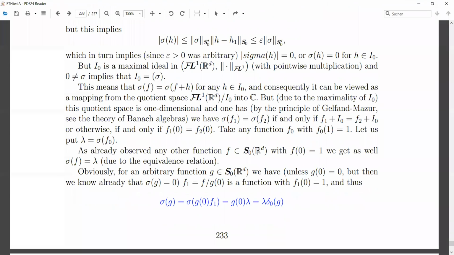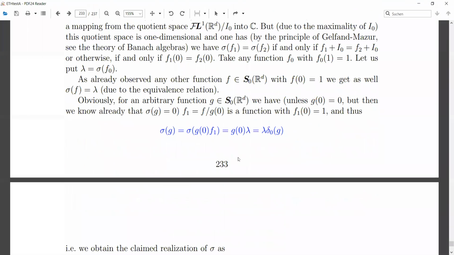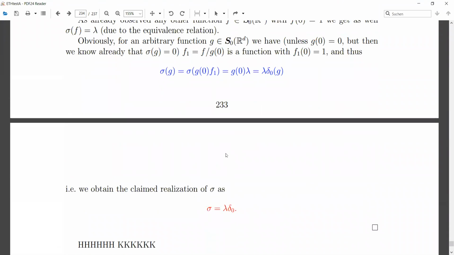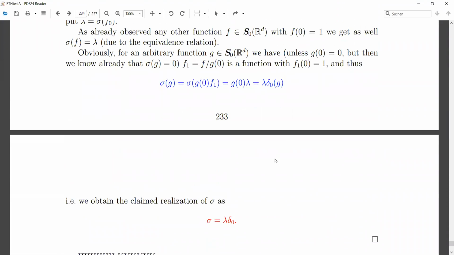And so to make it short, if you're having a distribution which has this one-point support, then it's a multiple of a Dirac measure. If you're having a distribution which is supported on a lattice, you cut it into pieces, and it is a sum over Dirac measures sitting at the lattice points.